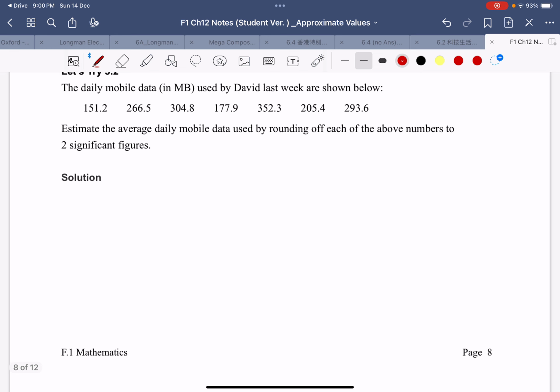So do this: average mobile data use equals a bunch of numbers. Okay, here you're going to average it.